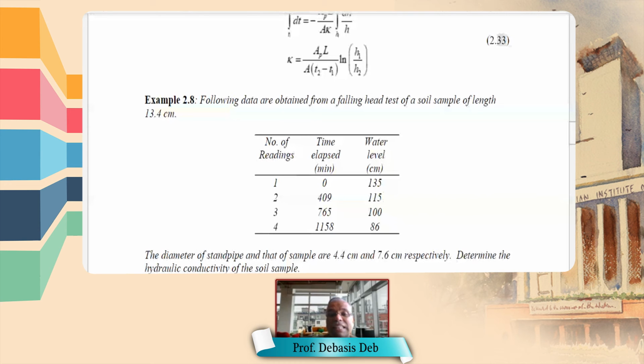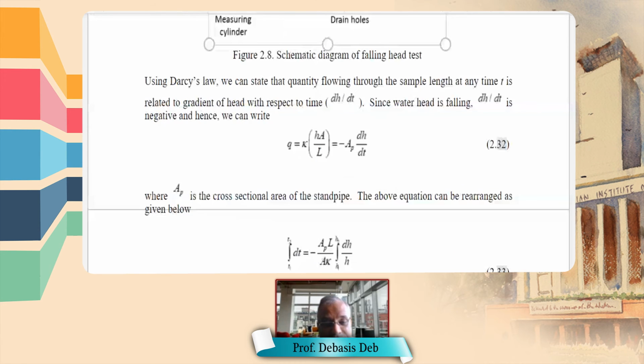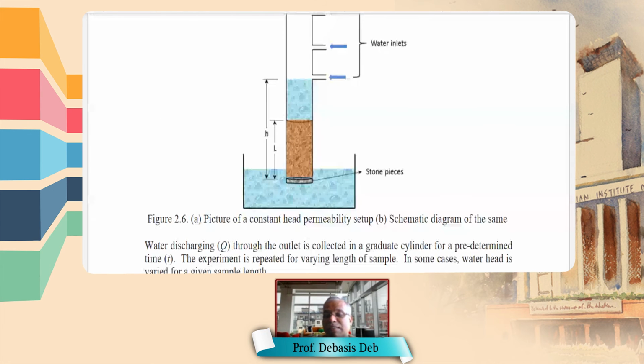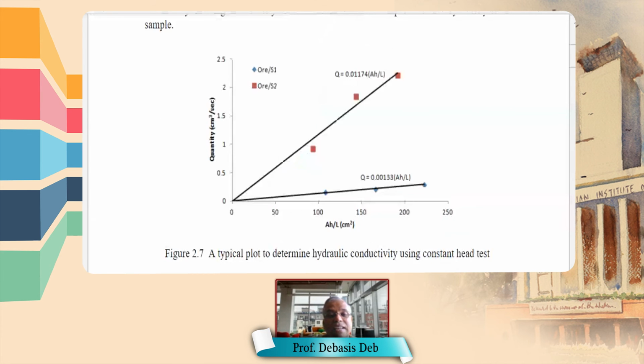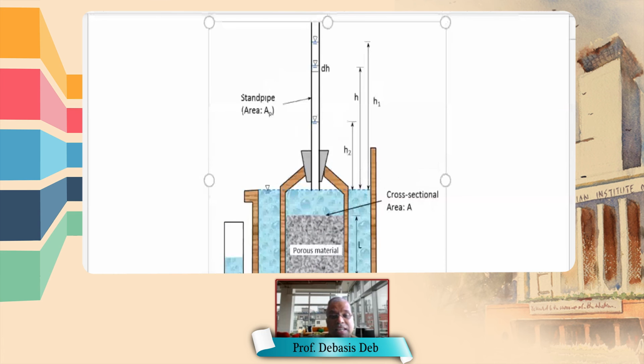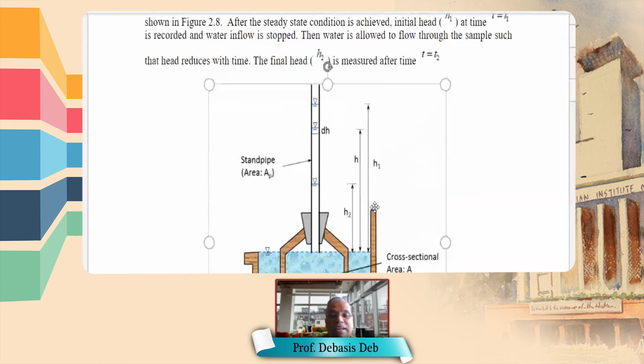So you understand the experiment, because in your BTP or something, maybe you have to also do this experiment for some soil you have collected from some mine. So how will we do it? Initial was H1, which is 135.